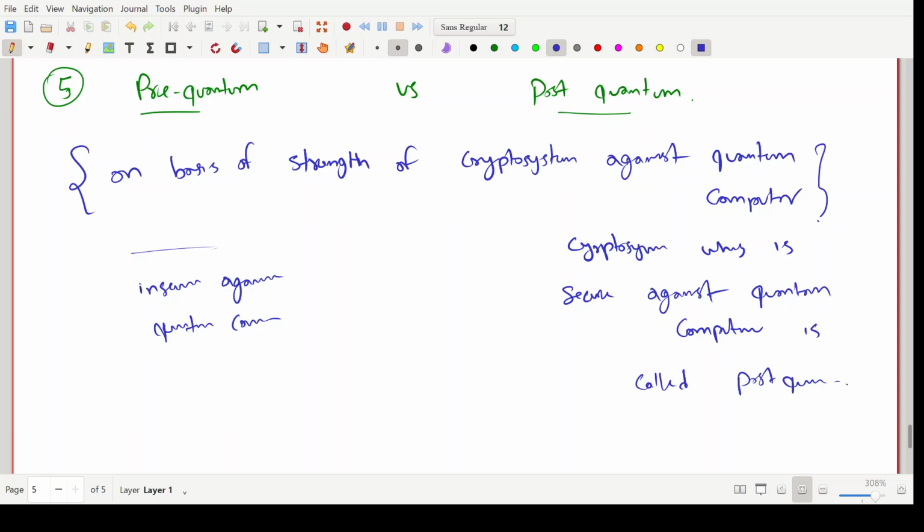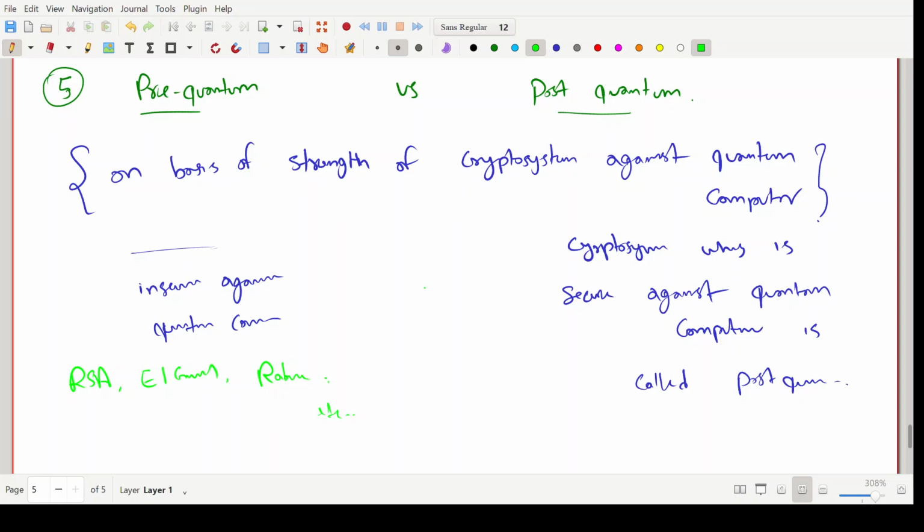So for example, RSA, ElGamal, Rabin, see all the crypto systems which are based on the factorization problem or DLP problem, they are pre-quantum because in the quantum computer era, the factoring problem can be solved and the DLP problem can be solved. So these are not more secure.